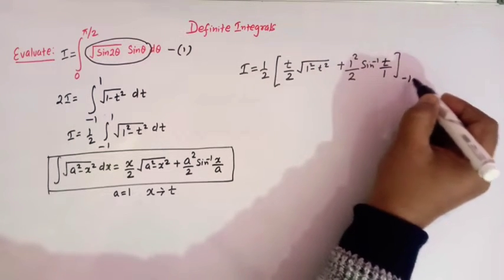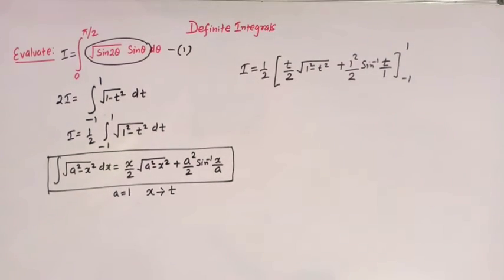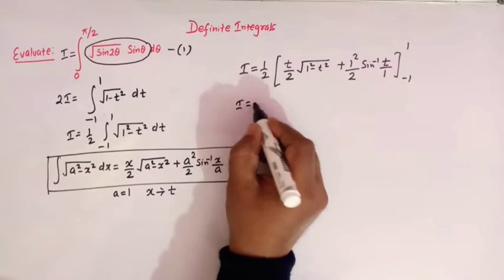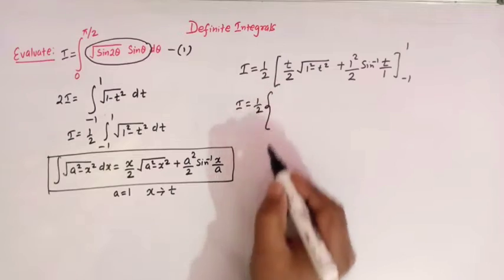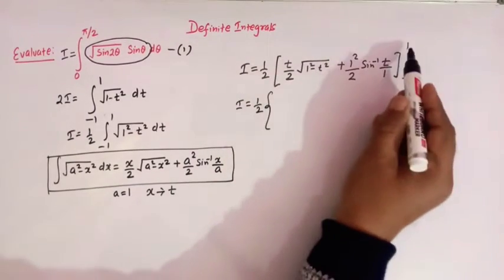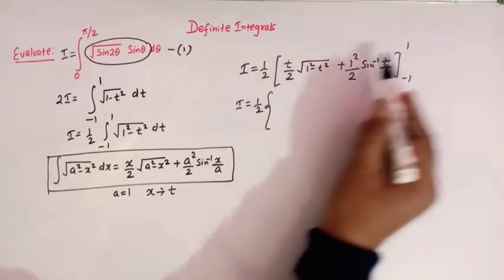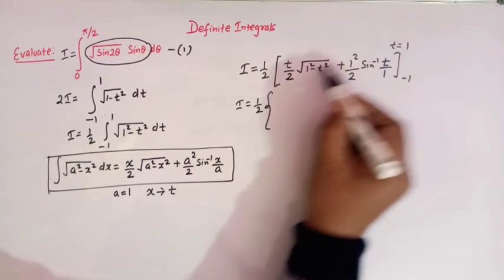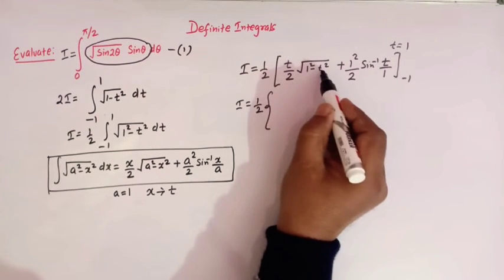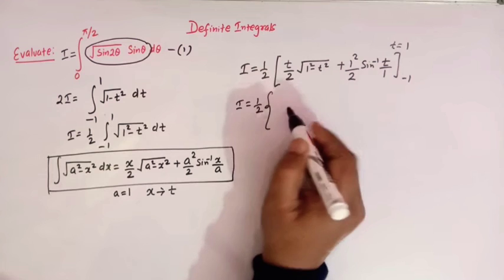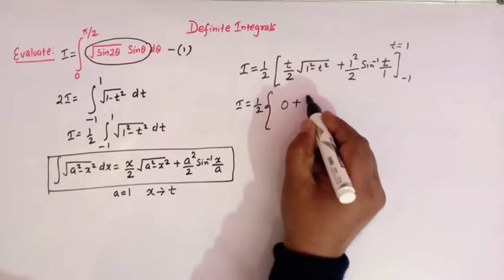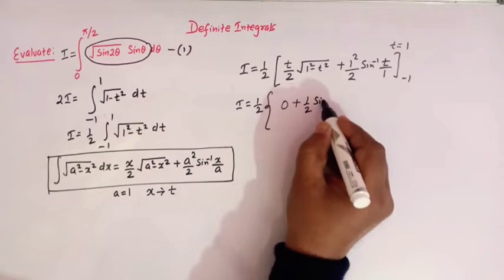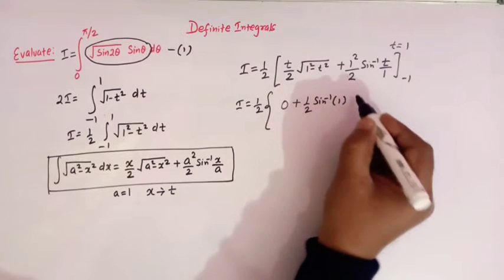And the limits are from minus 1 to 1, right? So now if we substitute the limits, if we take t equal to 1, then the first term becomes 0, because here we have 1 square minus 1 square, so we have 0, and here we have 1 over 2 sine inverse 1, right?